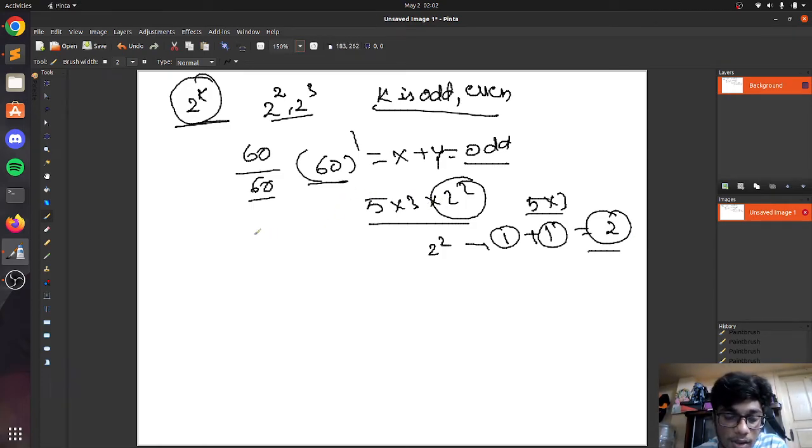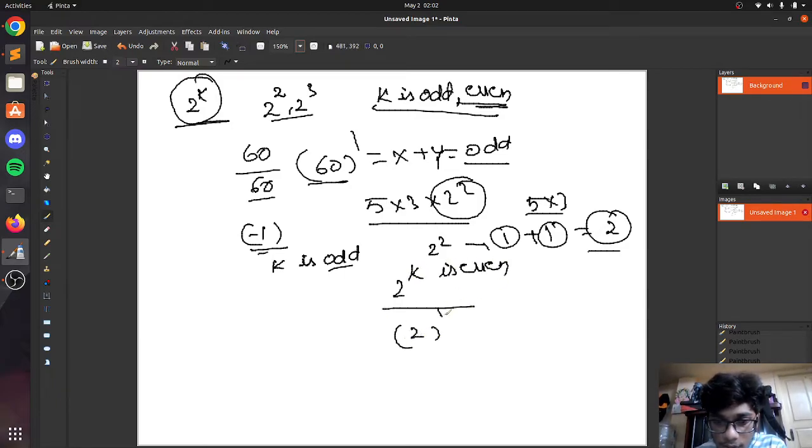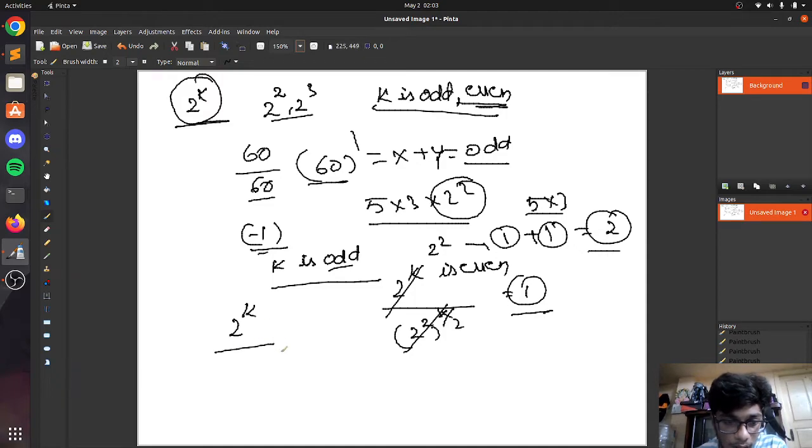In some cases it will print -1, for which cases? If you take this k as odd. Even means if 2 power k is even, then 2 square into k by 2 is also possible, then it's only one way. If k is odd, suppose you take 2 power k minus 1 is even, so 2 power k minus 1 into whole square, so it will still be 2 power 1 into that odd value.